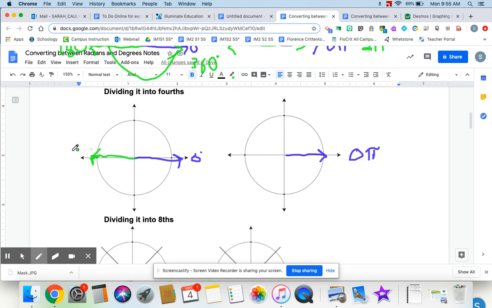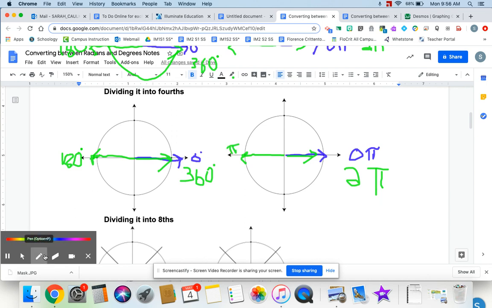So this one, and this one, if it goes all the way back around, it's at 360 degrees. About half of that was 180. And with pi, the whole thing was 2 pi's. But half of that was 1 pi for half of my circle.